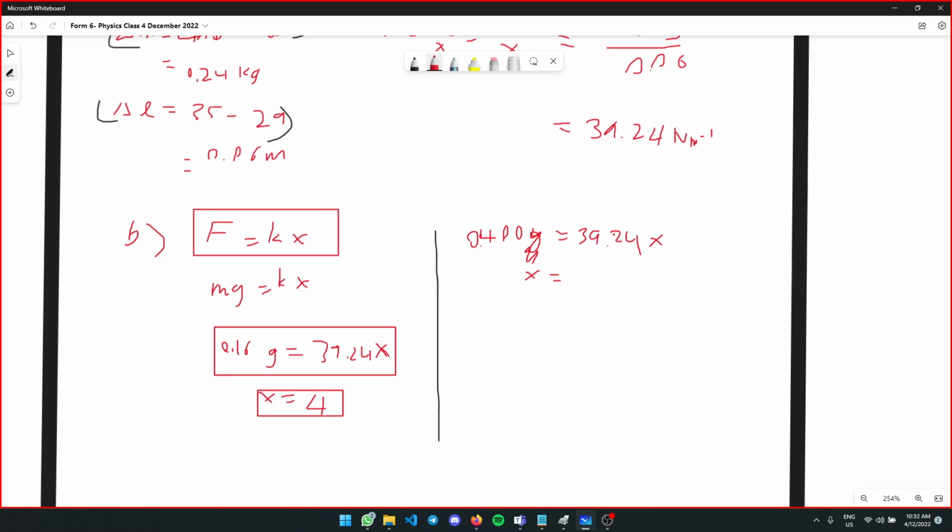So 0.4 equals to 39.24 x. I'm not getting 4. Are you sure you don't get 4? 0.16 over 39.24? You'll get 0.04 m, or 4 cm around here.